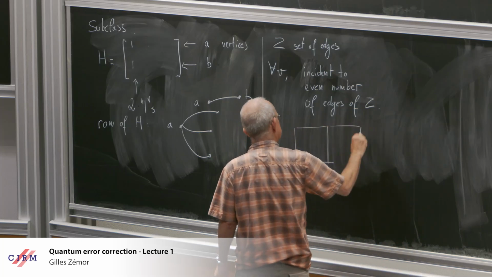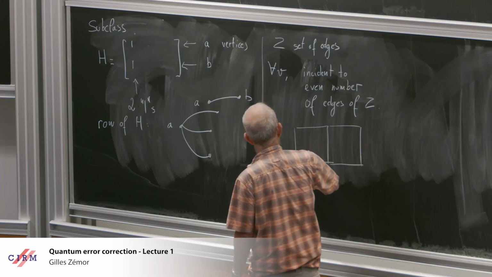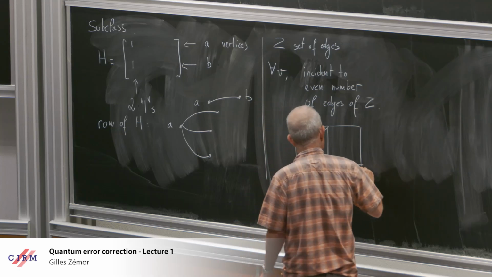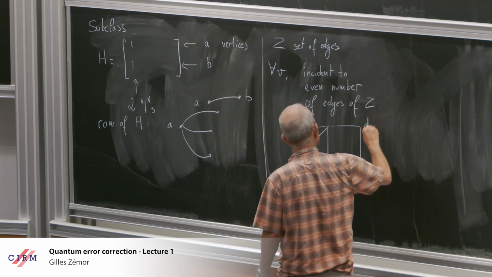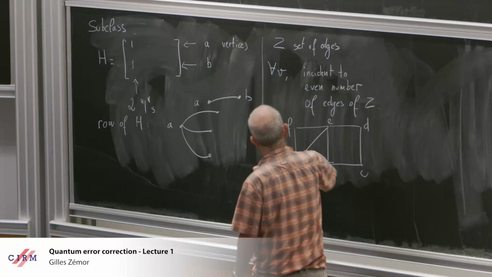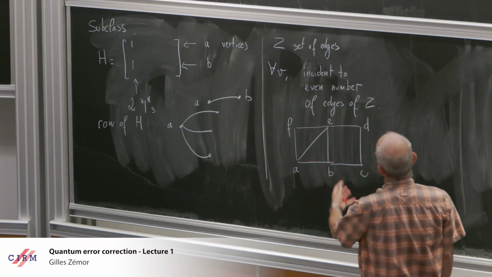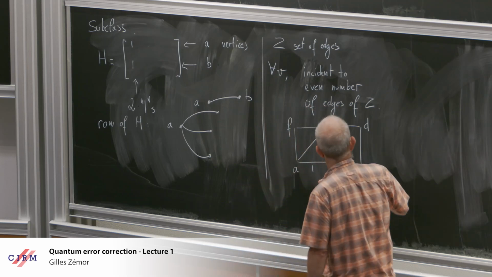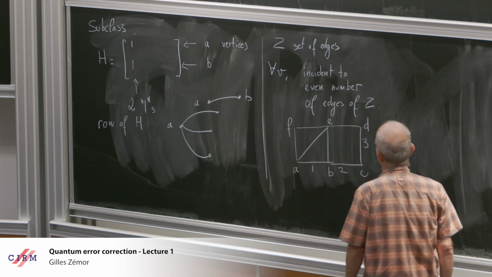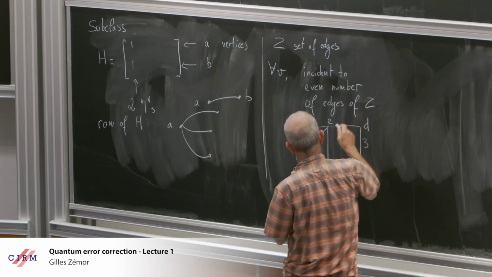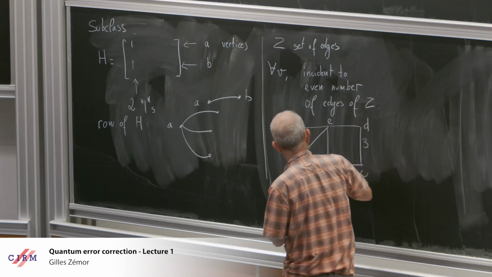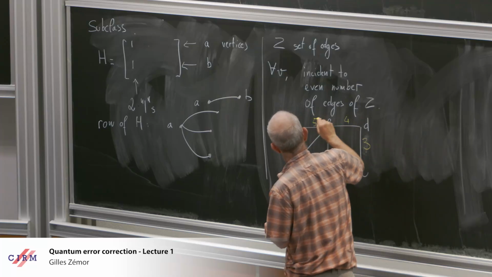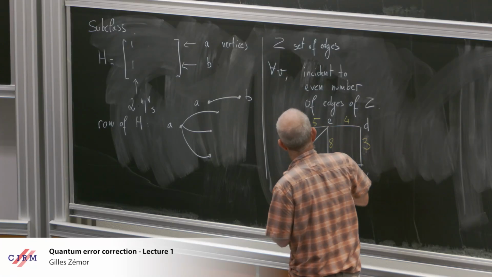So you can draw little examples. For example, here is a graph. Here would be the rows of the parity check matrix. And you may want to number your edges, so they correspond to coordinates. Maybe I'll use color here. 1, 2, 3, 4, 5, 6, 7, 8, for example.